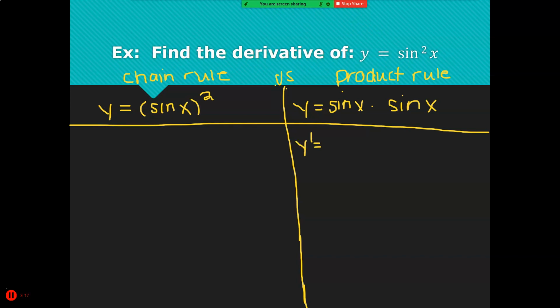And you would have said, okay, that's the first times derivative of the second plus the second times derivative of the first. So sine x cosine x plus sine x cosine x is really 2 sine x cosine x. Because it's like AB plus AB, which is 2AB.